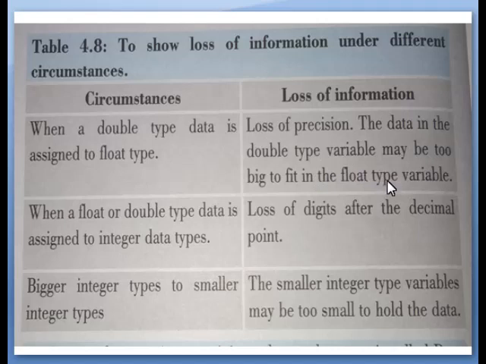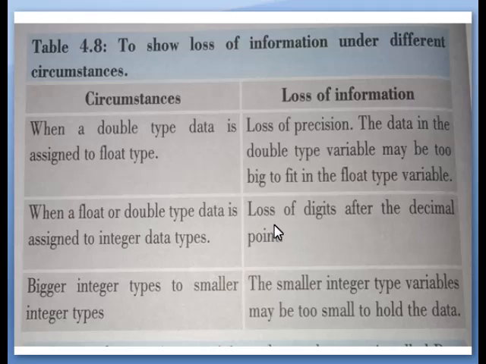When float or double type data is assigned to integer type, what is the loss of information?